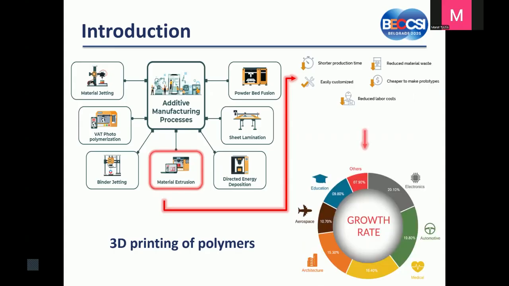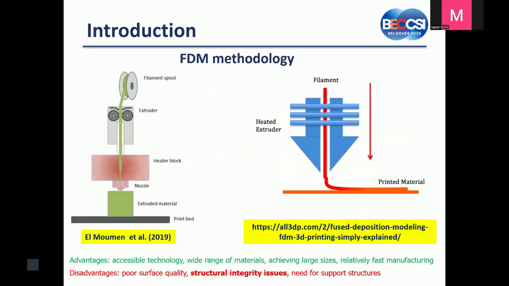Where is this technique used? More and more, but usually the industries using it are electronics, automotive, medical, architecture, and now aerospace, and also education. I will not stay too long on the methodology, but usually a filament is extruded, heated through a nozzle.